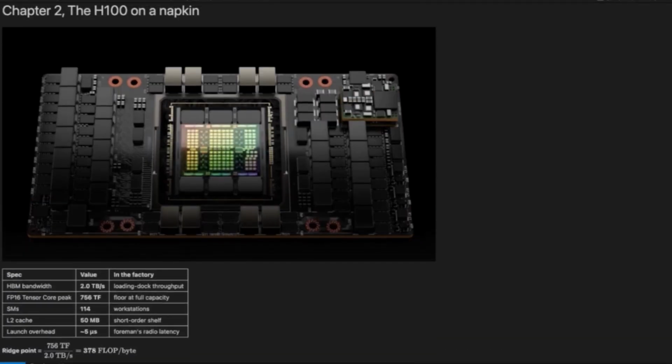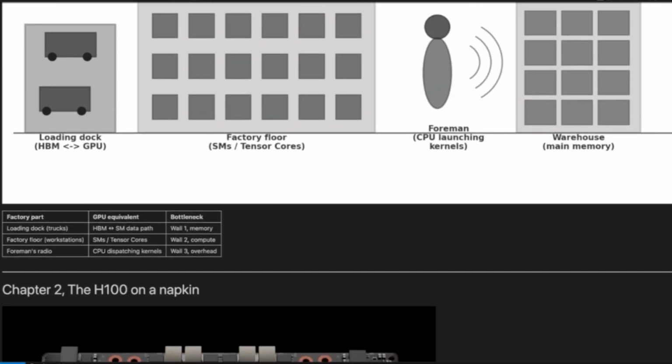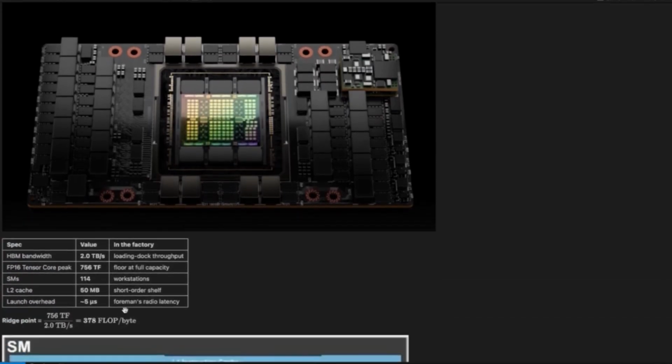That's very small, only 50 megabytes. And then you have the launch overhead. That's the time it takes between the CPU launching a kernel and the SMs receiving it, and that's around 5 to 10 microseconds for the H100.